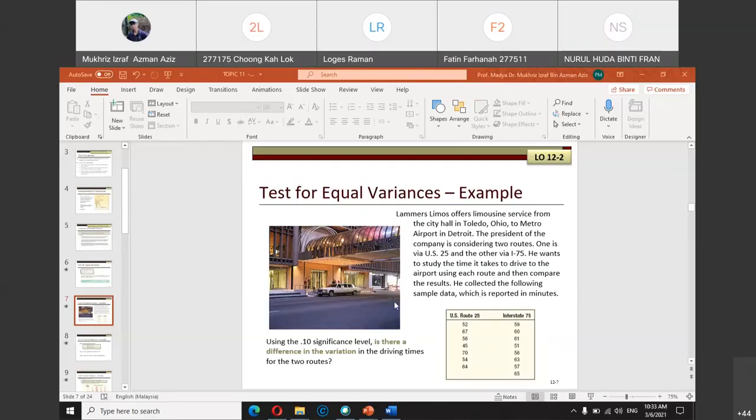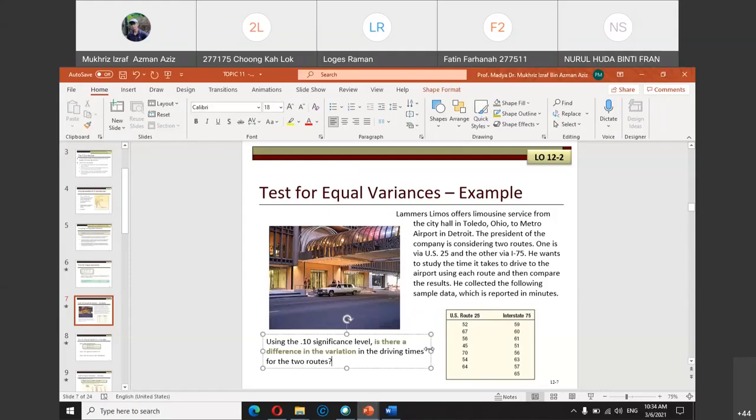So we want to know if there is a difference in the variation in the driving times for the two routes, based on a 10% significance level. The keyword here is: is there a difference in variation. Why variation? Because we are not interested in the mean.